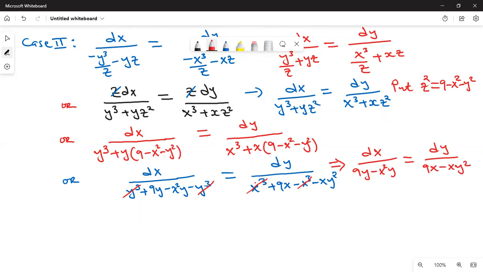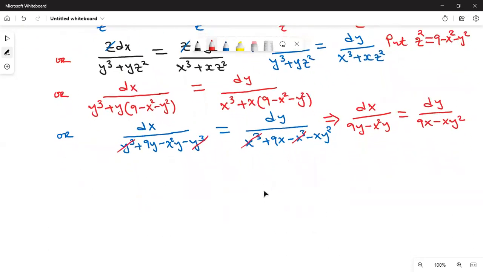So look at the denominators again. Something is common in each of those denominators. So you can write dx over, I can see y is common, so that here we have 9 minus x squared. This should be equal to dy. I can see x is common, 9 minus y squared.